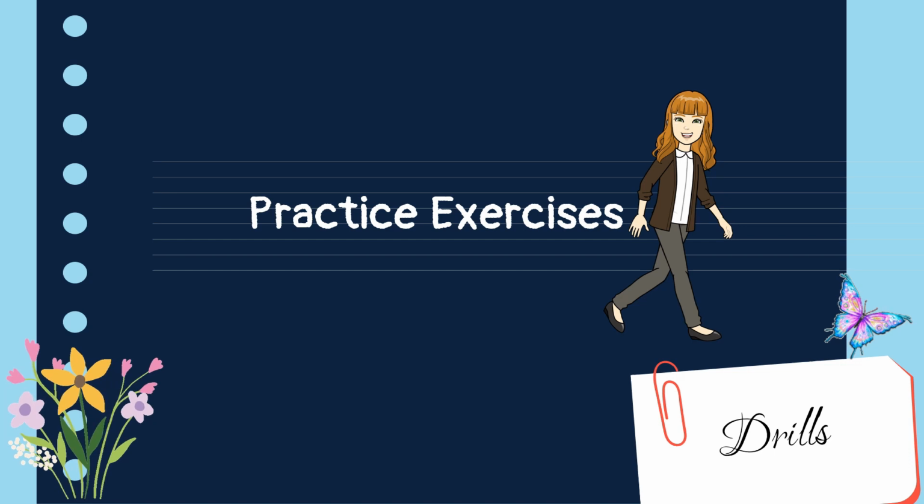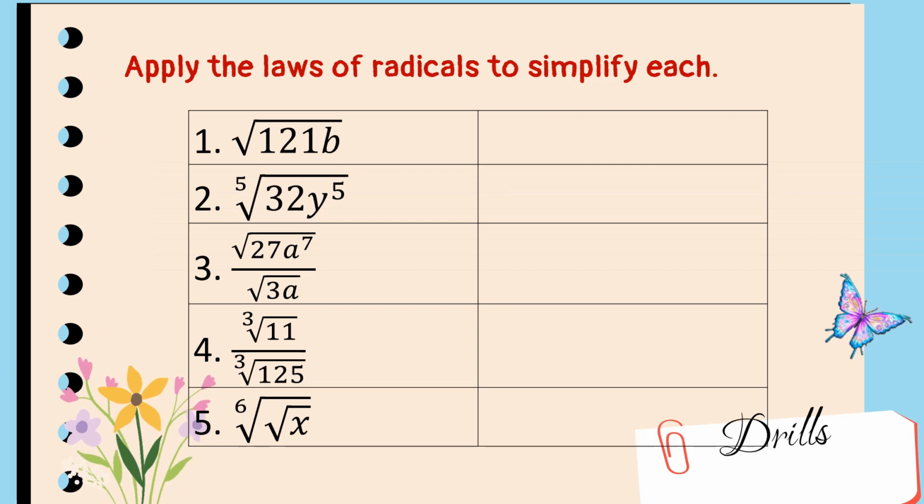Now let's have some exercises to know whether you understood each law of radicals. Apply the laws of radicals to simplify each. Square root of 121b. You have 10 seconds to answer.